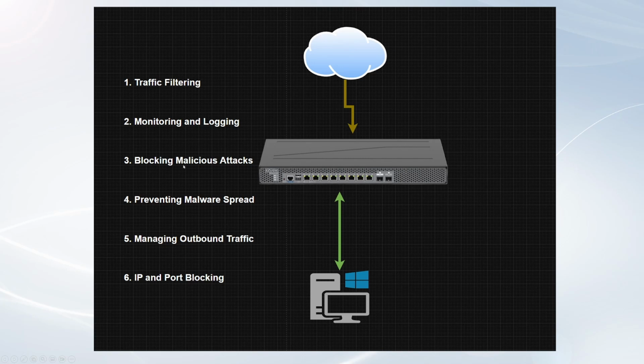We can start by blocking malicious attacks onto your devices, prevent malware spread, manage outbound traffic for your devices going to the internet, and do IP and port blocking to block unwanted traffic on your network. The other benefits are endless as well, where you can set up site-to-site VPNs. You can start getting your service open to the internet. So if you are web hosting or any other service that you want open to the internet, you can also do that now with the firewall, and the benefits just don't stop with the firewall.